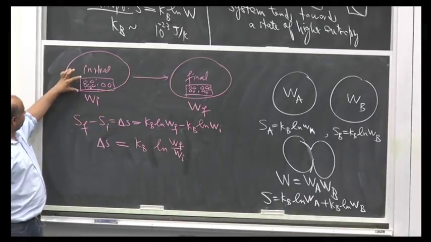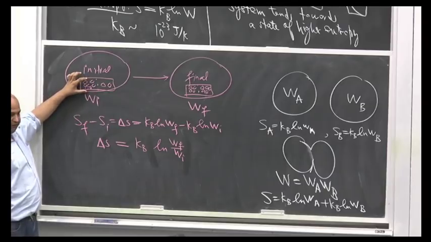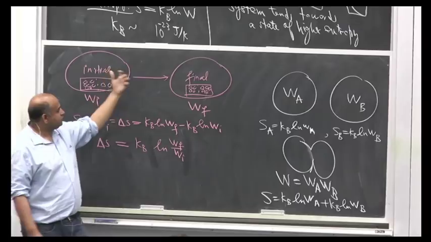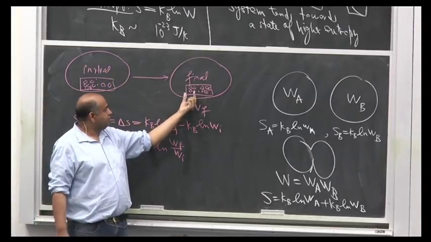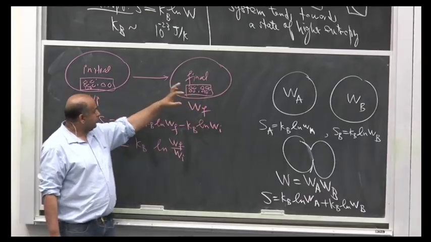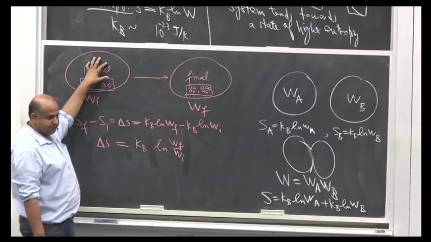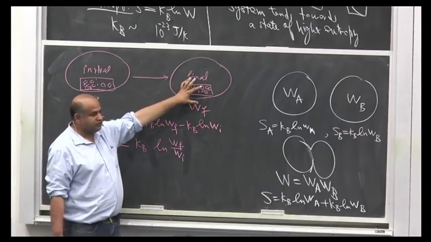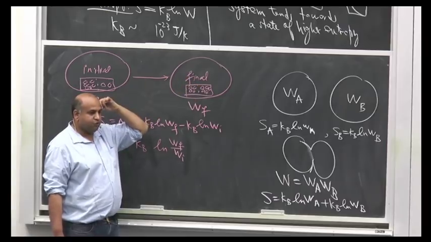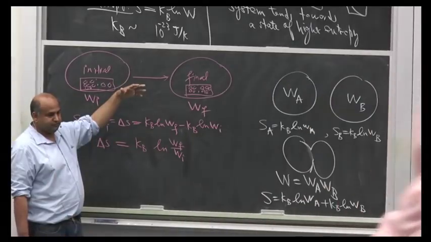So when you begin, you have 1, 2, 3, 4, 5, 6, 7 particles on the left and 2 particles on the right. And after a while, suppose the system is in a state where 4 particles are on the left and 5 on the right. Okay? So there is some entropy associated with the system here, and there is some entropy associated with the system here. No, entropy is not a constant. Entropy is defined for each macrostate.